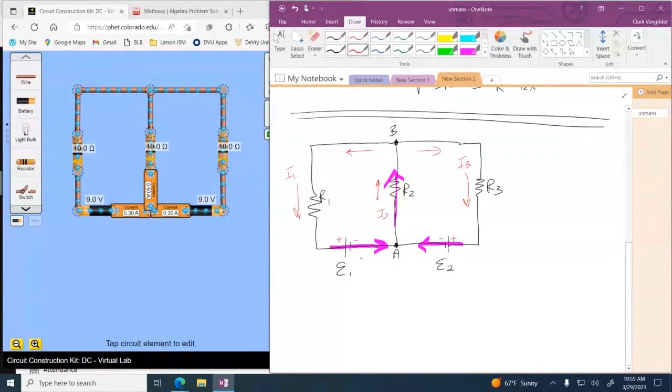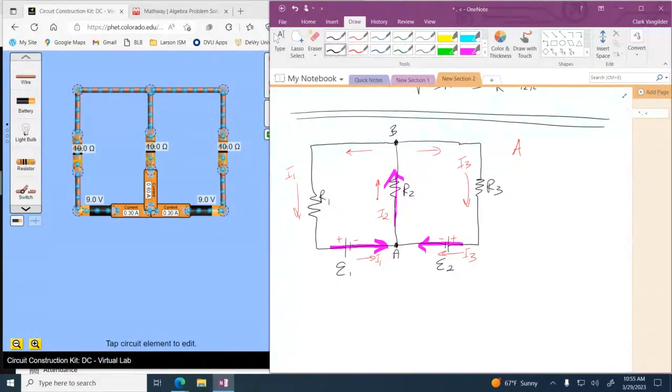Which means I1 is coming through battery 1, and I3 is coming through battery 2. And so you need to pin these things down and track with that.